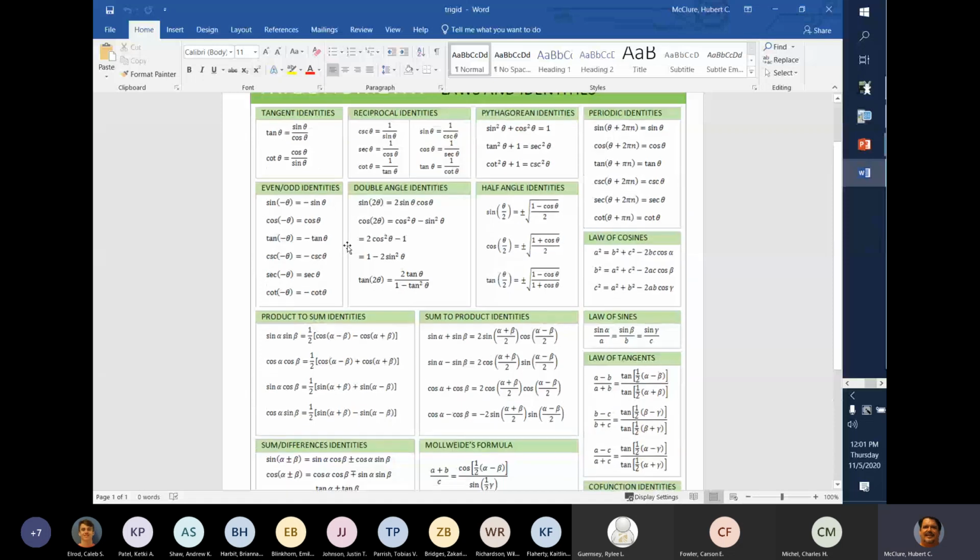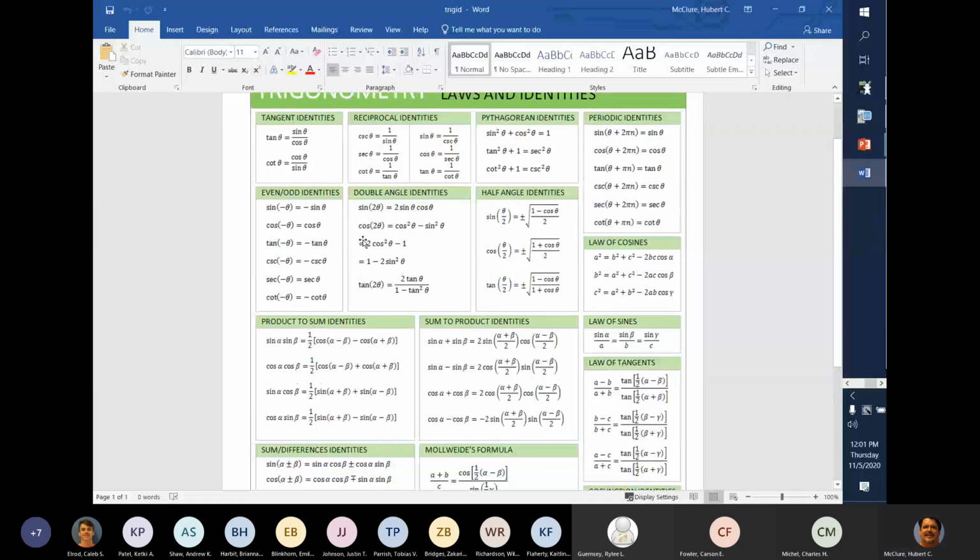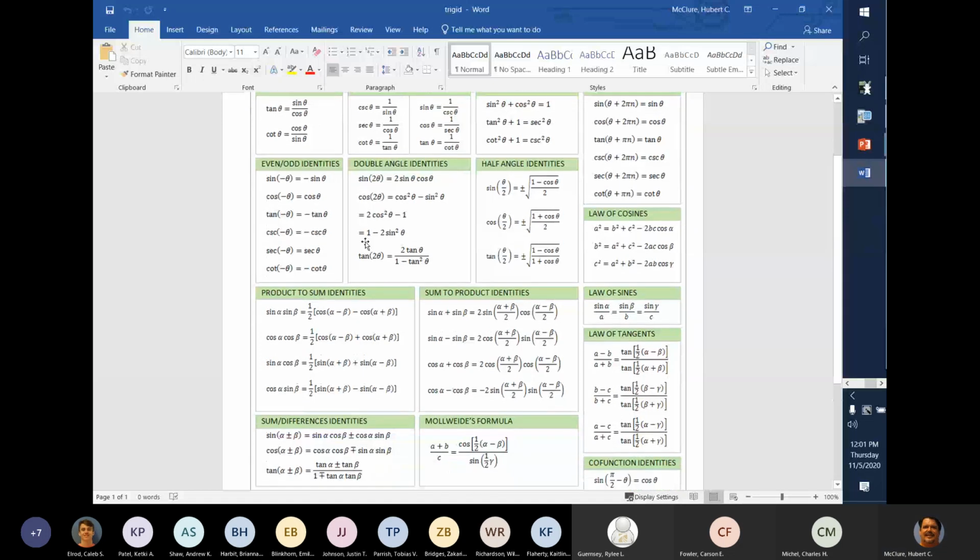I'm sorry. Yeah. Wait a minute. There it is. Cosine of A minus B right here. Sum and difference. So the cosine of A minus B is equal to the cosine of A, cosine of B, plus the sine of A, sine of B. So you got your cheat sheet right there.